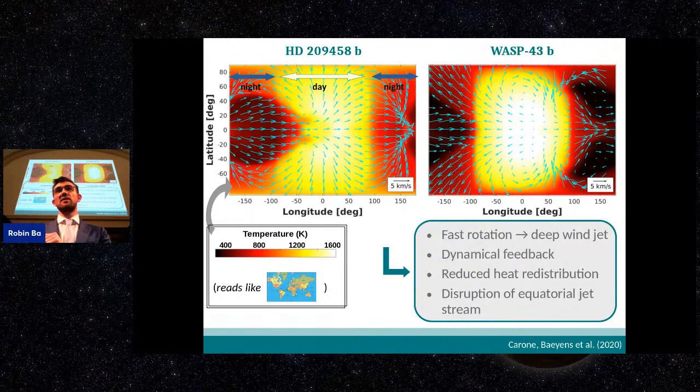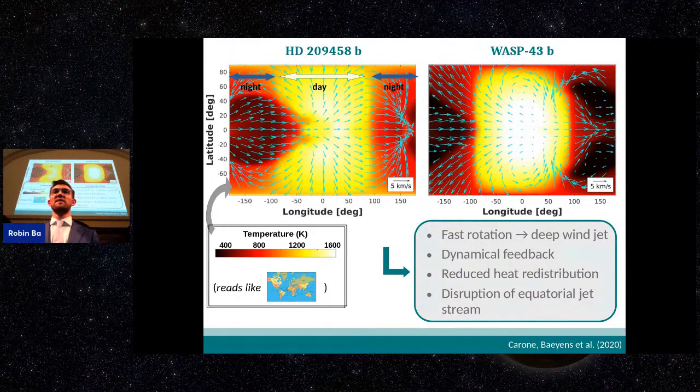Okay, why is this now important? Well, this is a particularly interesting result because up to now, in climate modeling, it was assumed that the observable atmosphere and the deep layers were disconnected from each other. And now we show that actually in some cases, and mostly the cases of fast rotators, they are connected with each other, and we cannot neglect the deep atmosphere.